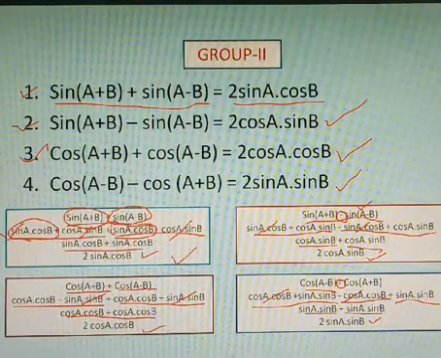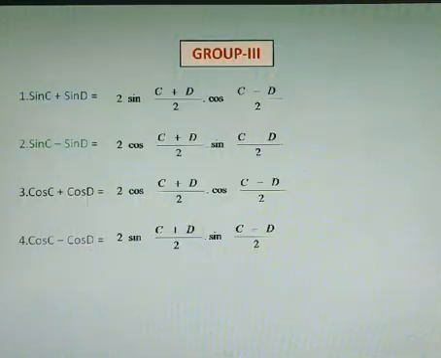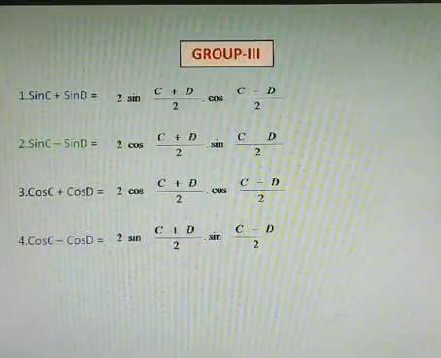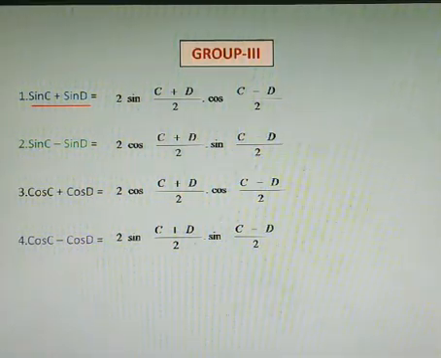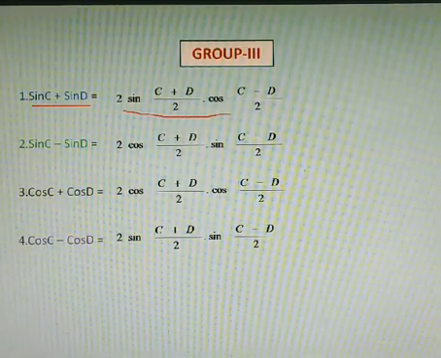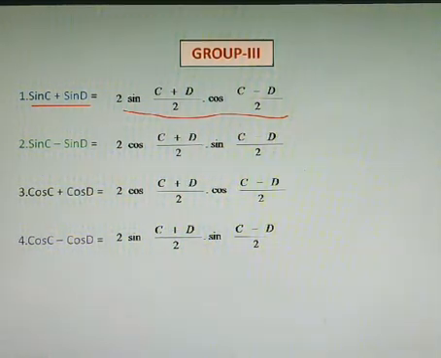So let's move to the third group, a very important formula. You can say sine C plus sine D is equal to 2 sine C plus D by 2 into cos C minus D by 2.